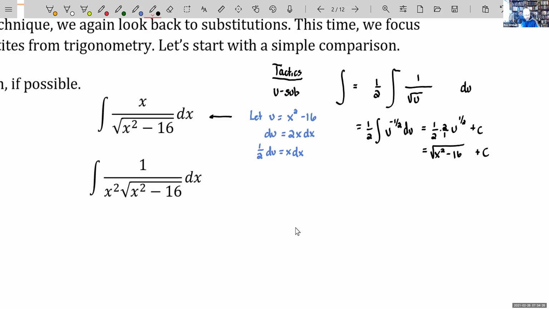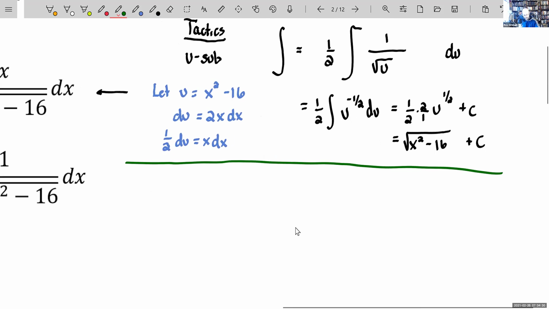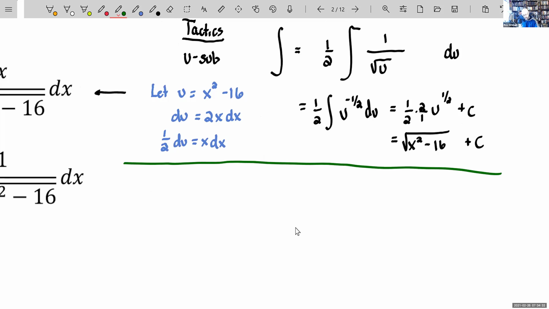So I'm going to draw this in a different color here. Another u sub style, which is called radical substitution. It's just another way to do a substitution, that's all, okay?